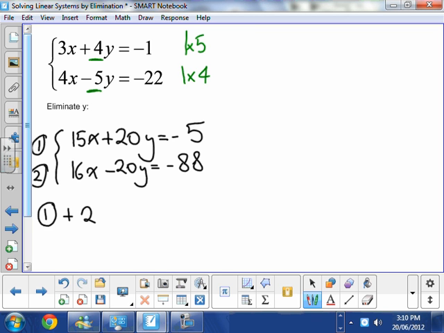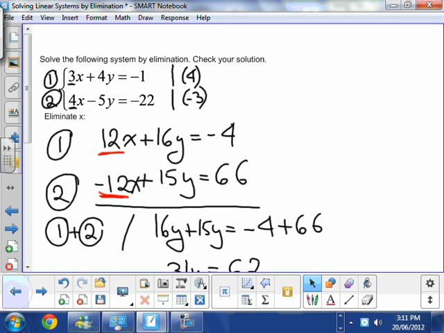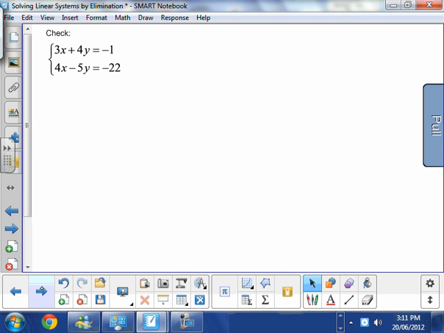So if I add 1 and 2, what will happen here? 20y and negative 20y will cancel out. So we will leave you to finish this. Do you expect to get another point of intersection from this one, Miss Slavnika? No, the solution has to be identical to the previous one. We just simply picked a different variable to eliminate.